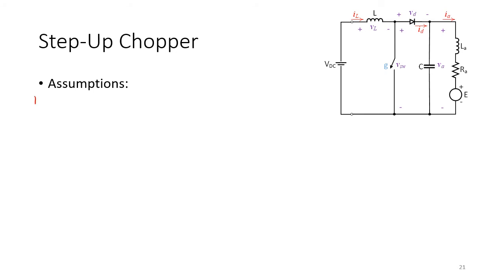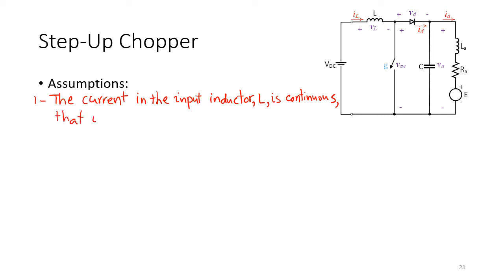So one, the current in the input inductor L is continuous, that is, IL never crosses zero.